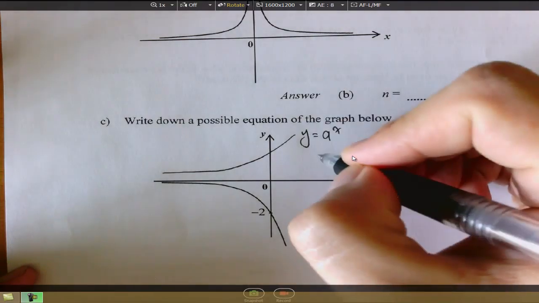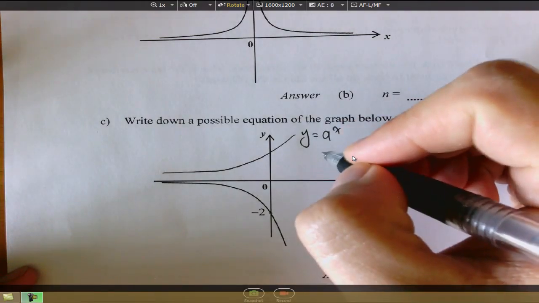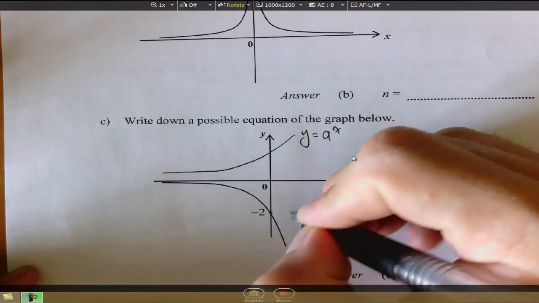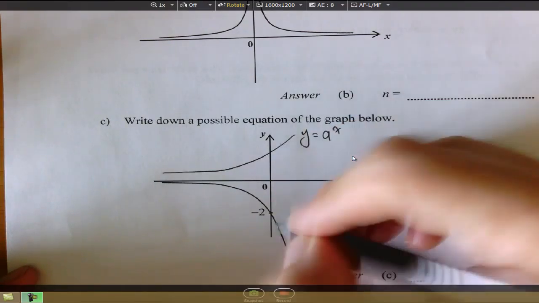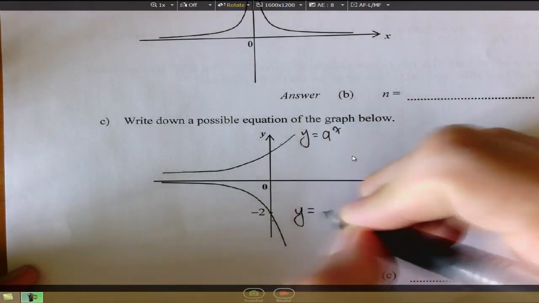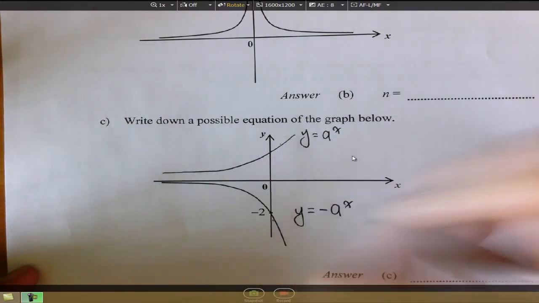In this case, it must be the other way around. Because it's negative, it will reflect to the other side. So y equals negative a to the power of x.